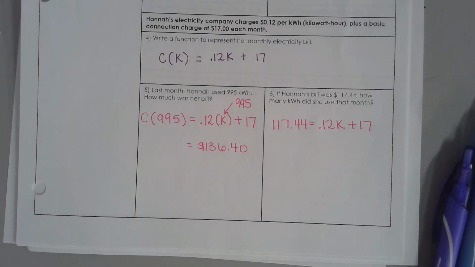You know, that bill is a little bit cheaper than the last question, so you should get a number not too far from 995, but it should definitely be lower. Like, you shouldn't get a number like 12.